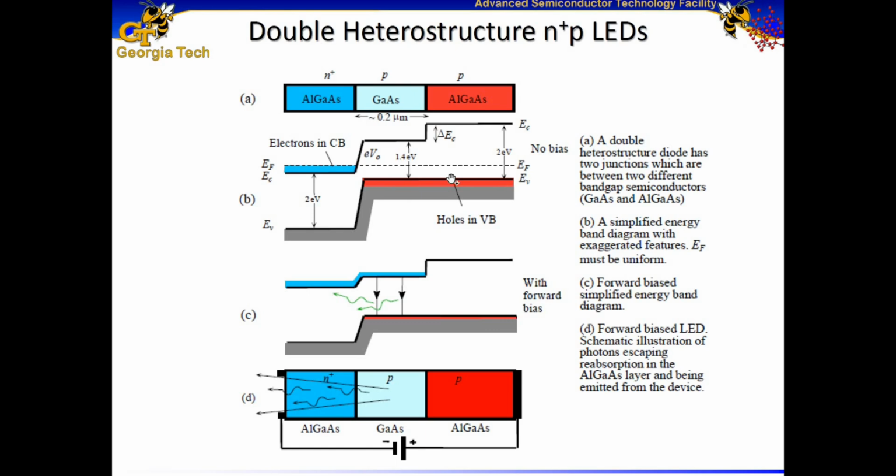Now, under thermal equilibrium, the holes can easily flow into this narrow band gap layer, which is the active layer, the light emitting layer, but there is a big barrier for electrons to flow into this active region.